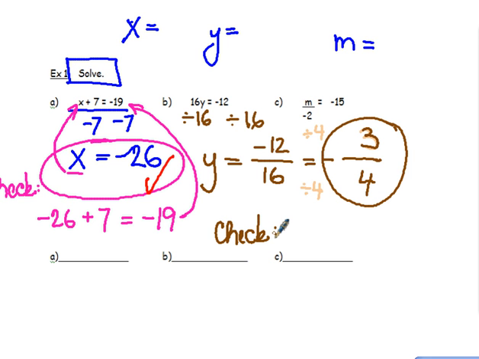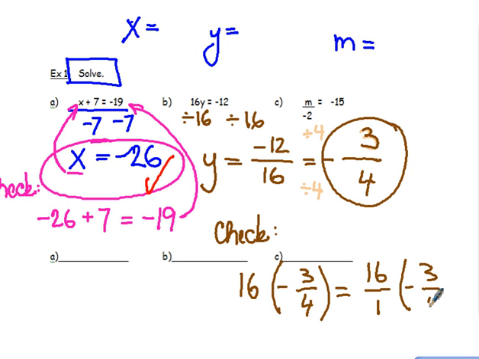Let's take -3/4 and plug it into the original equation. 16 times -3/4. What do we get? Again, 16 is basically 16 over 1 times -3/4.